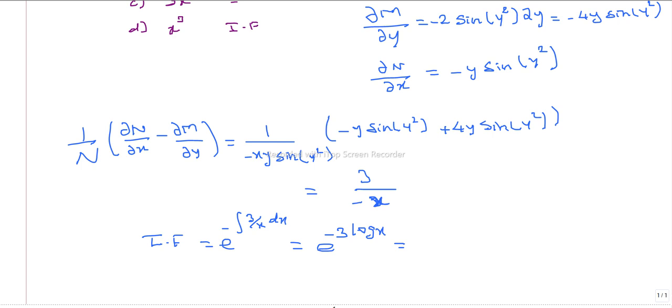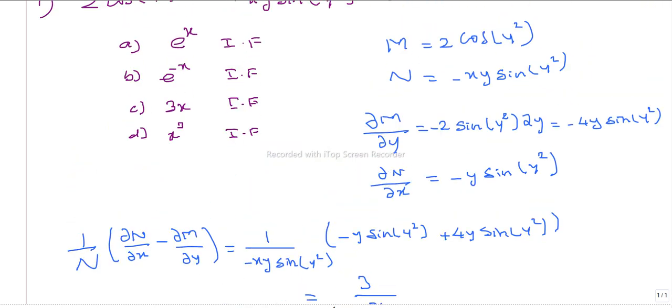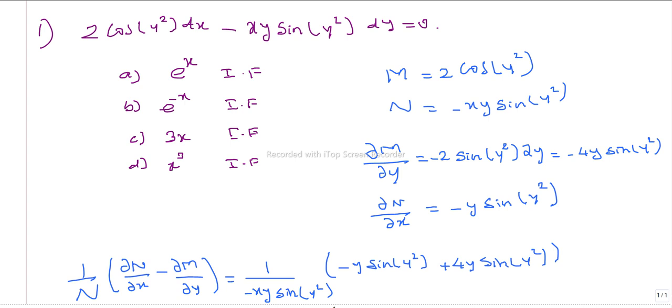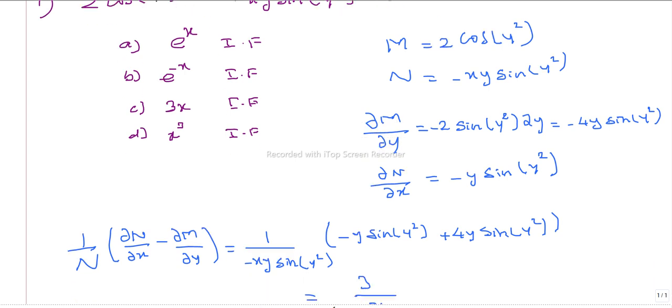Okay, I am correct, so therefore you will get 1 by x cube. Oh, I think I made some mistake. Where did I make the mistake? Should be plus, right?